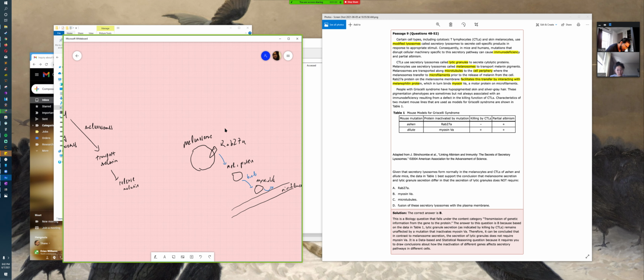I just kind of see the melanosome going along this thing called the microtubule.